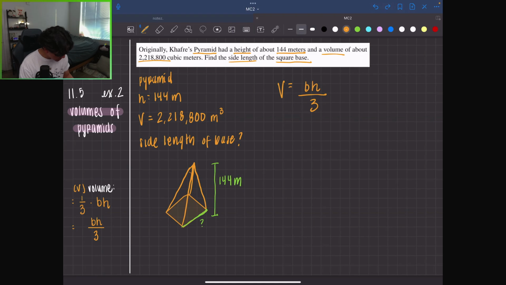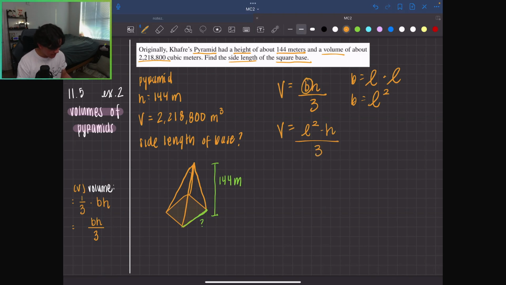So I'm going to switch the base to L. And since it's a square and both side lengths have to be the same, that's just L times L, which is also L squared. So now this is going to be L squared times H divided by 3.